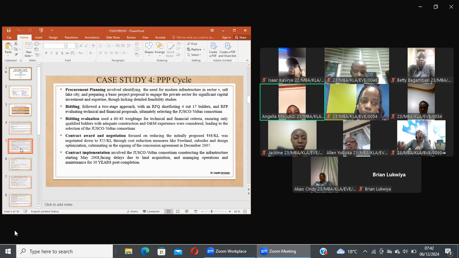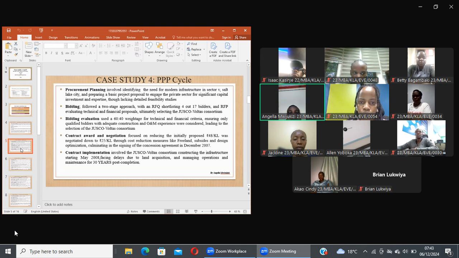Under bidding evaluation, it focused on the 60-40 weightage for technical and financial criteria, ensuring that the technical takes 60 and then the financial 40, ensuring that only the qualified bidders with adequate construction, operation, and maintenance experience were considered, leading to the selection of Just Waters Consortium.